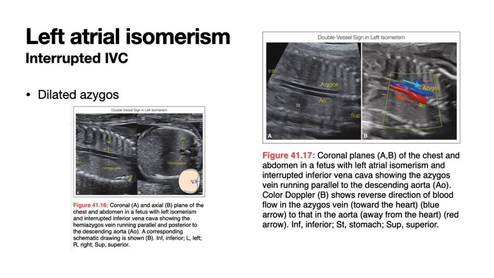All right. So left atrial isomerism, again, one of the things that tips you off is that there's a problem with the veno-atrial connection. The IVC doesn't go back to the right atrium like it's supposed to. And if that's the case, the blood coming from the lower part of the baby's body goes somewhere else, either the hemiazygous or the azygous.